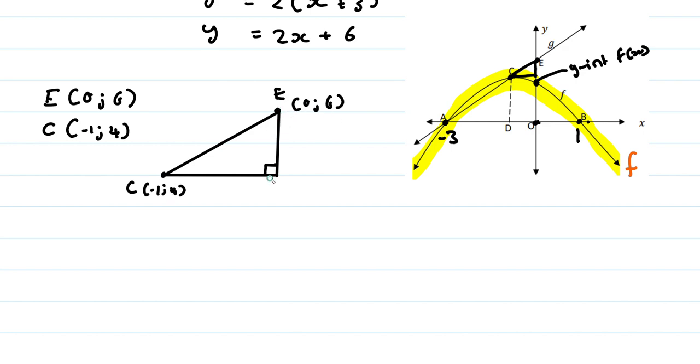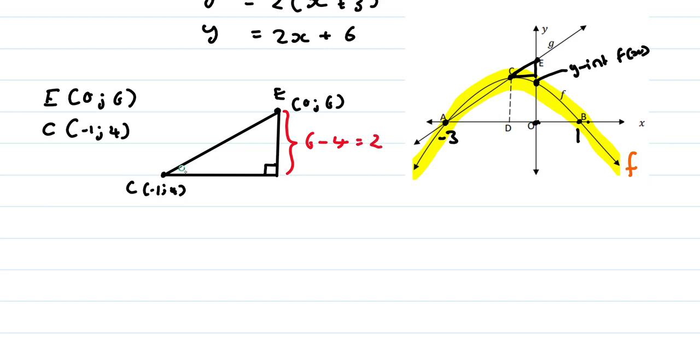So to find this length, what can we do? We can say the y value minus this value over there. So this length is equal to 6 minus 4, which is equal to 2.